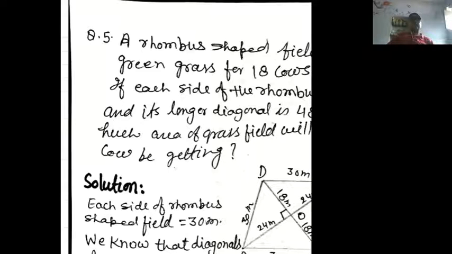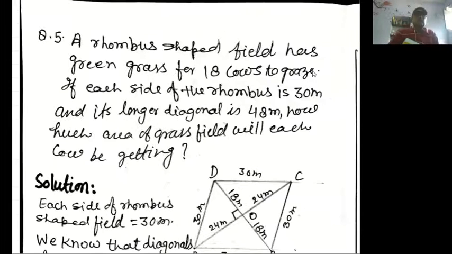Your question number 3rd and 4th is simple based on Heron's formula. So I am going to discuss question number 5.